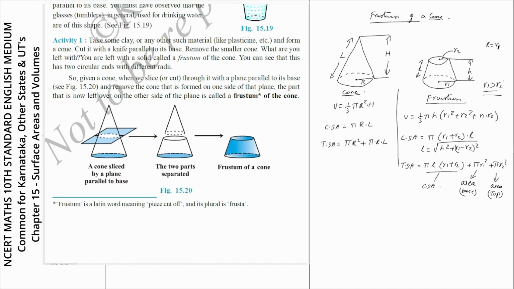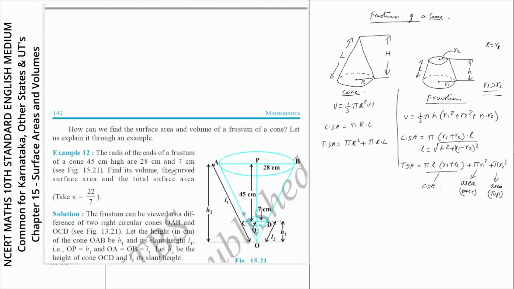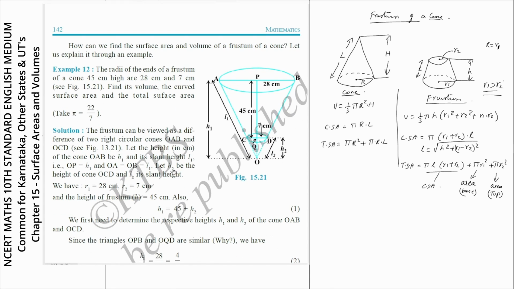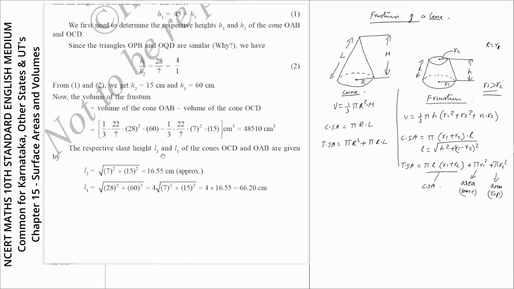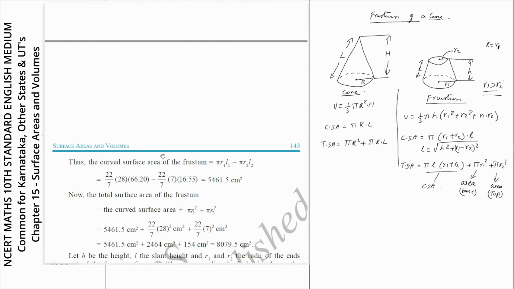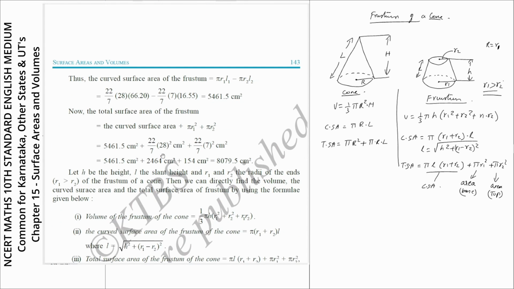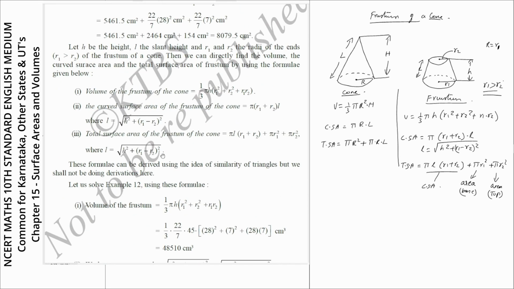In your textbook there are some worked examples. All are very simple and self-explanatory, just go through them. Similar problems are there in the exercise problems, and I'll be doing the exercise problems. As you can see here, the volume is given by this formula, the curved surface area by this formula, and the total surface area by this formula.